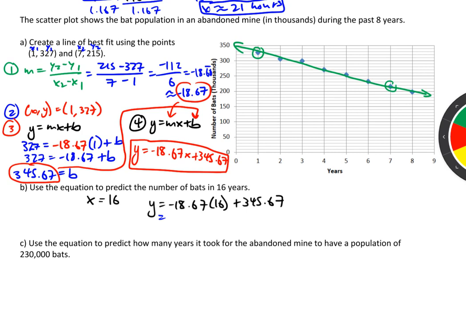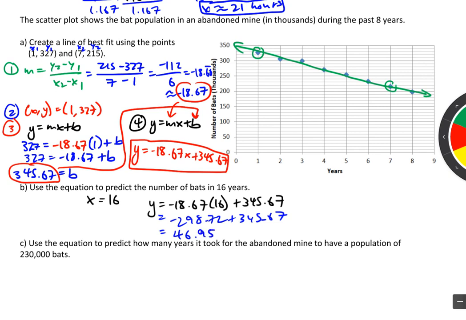So negative 18.67 times 16 is going to be negative 298.72, plus 345.67. So whatever that is, I'm just going to put equals. This is going to be 46.95.